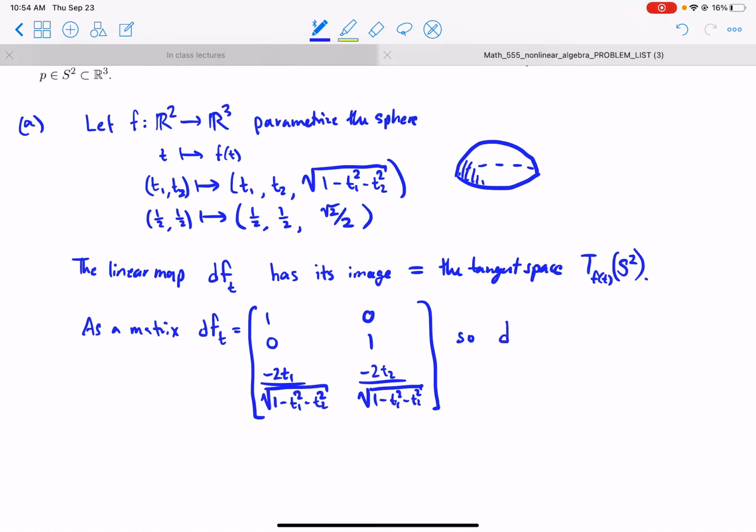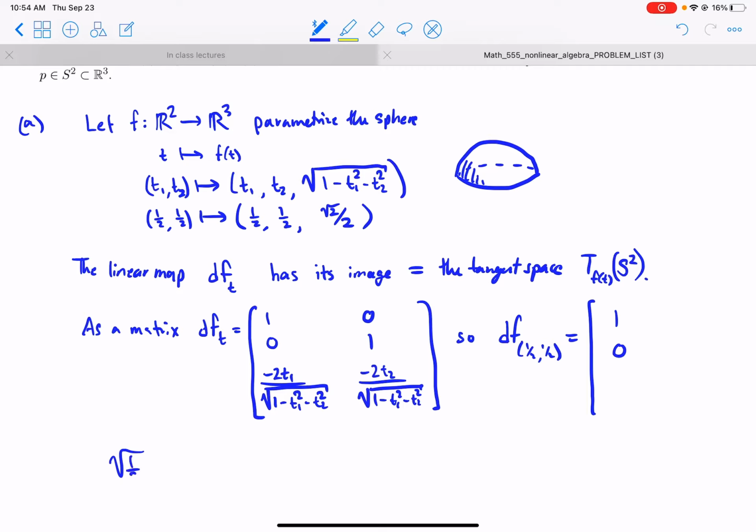Okay? So df at the point 1/2, 1/2 is, we plug in, 1, 0, and now I have to plug in 1/2 to this. So on the top, I'm going to get a minus 1. On the bottom, I'm going to get a square root of 1/2.